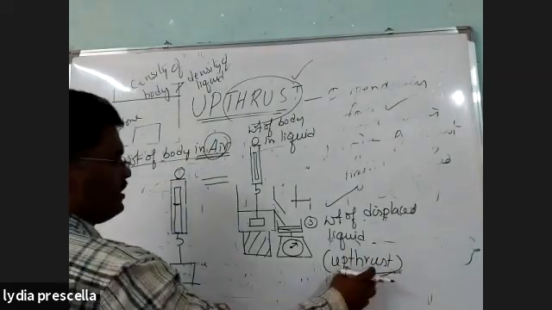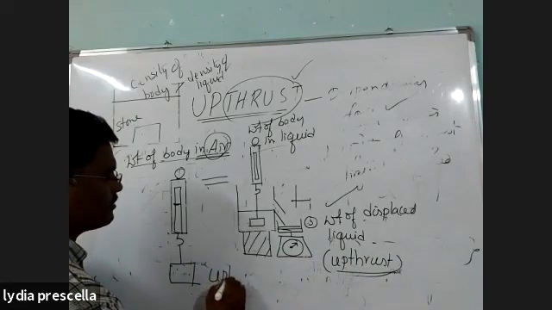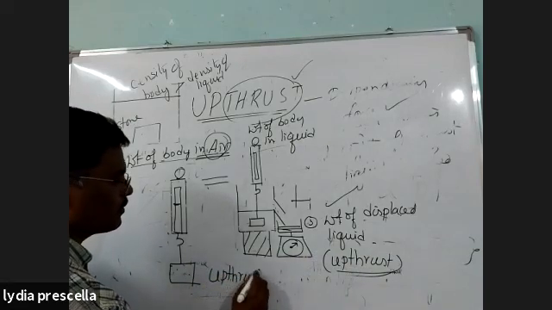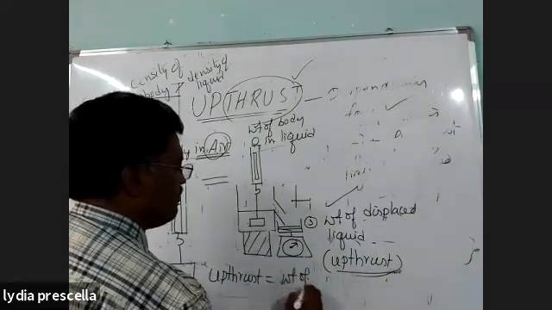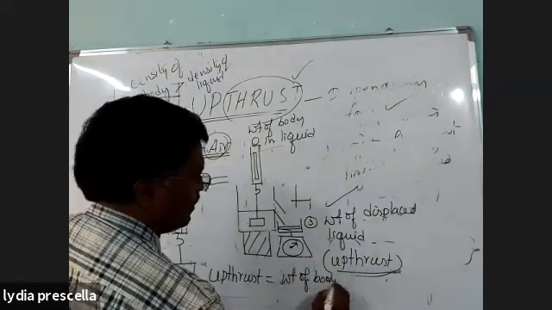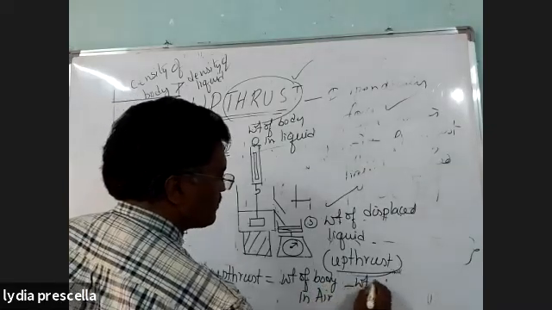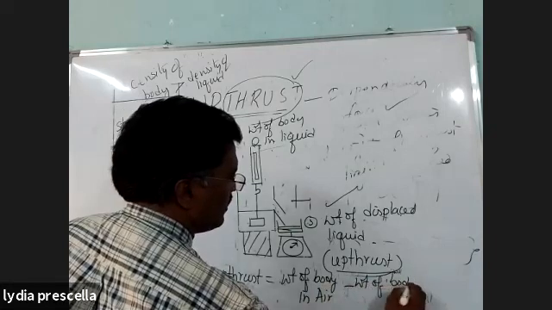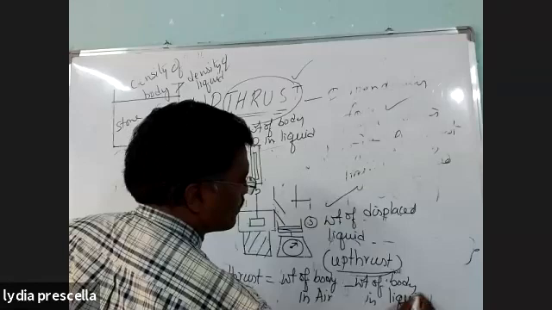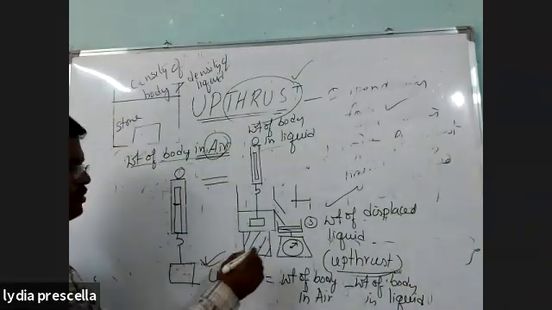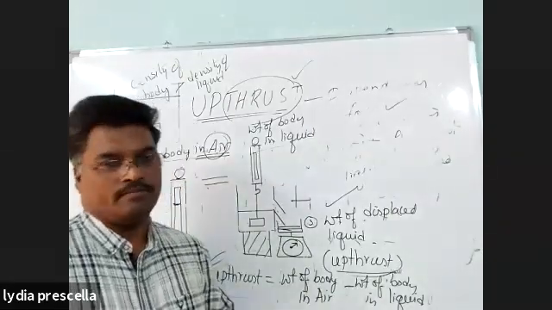So from this equation, you can find out that upthrust is equal to weight of body in air minus weight of body in liquid. This formula you are going to use when problems like Archimedes principle come.